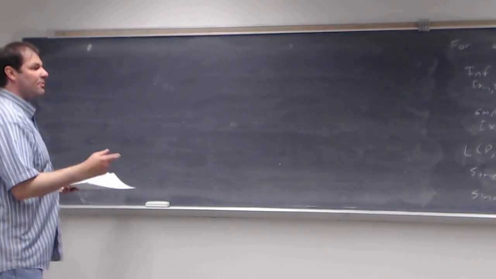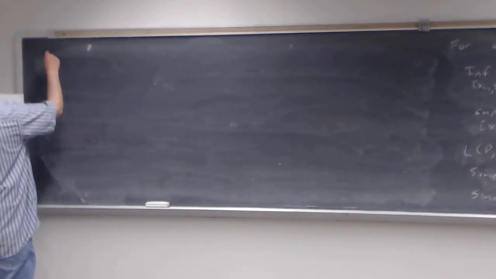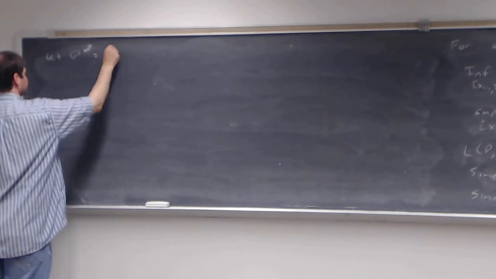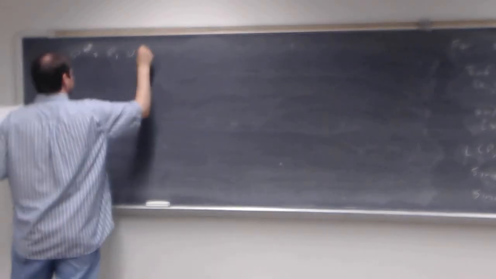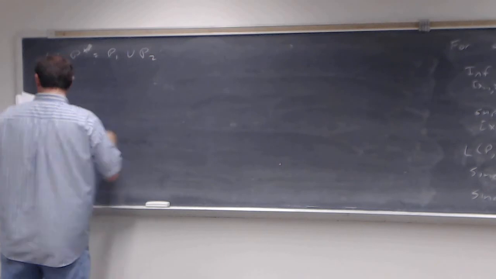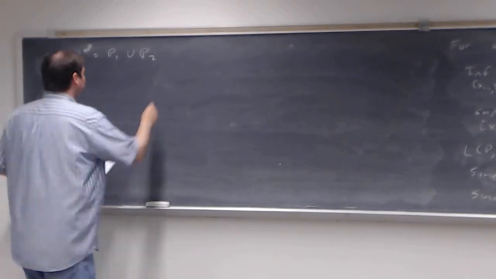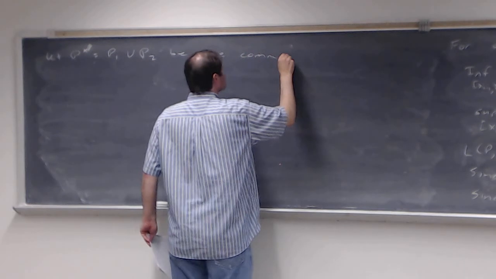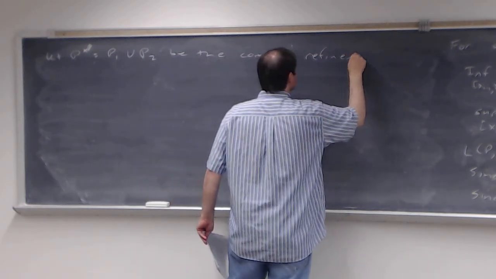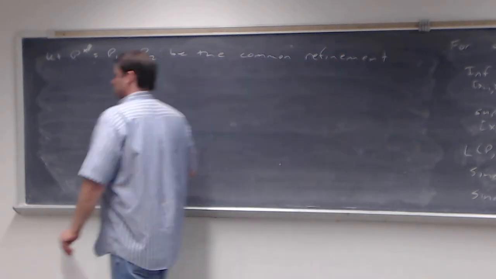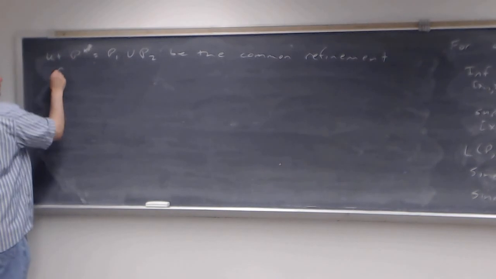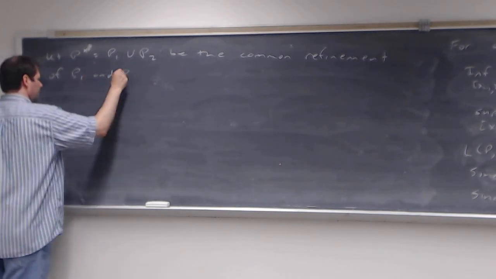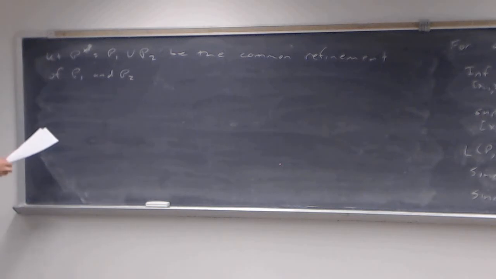So to combine those two partitions that we have, we let P star be the common refinement. That's P sub 1 union P sub 2. Okay? And as I said, P star is the common refinement of partition 1 and partition 2.